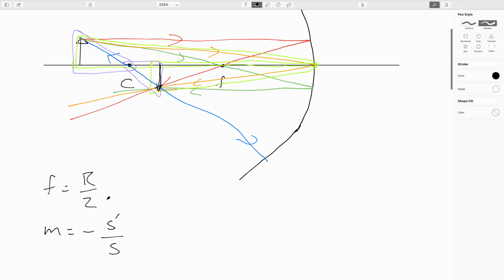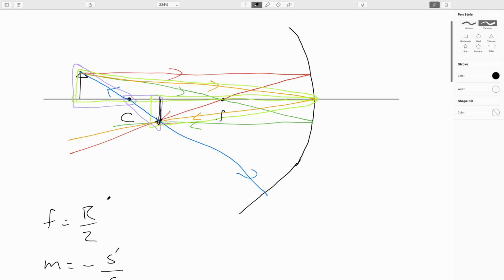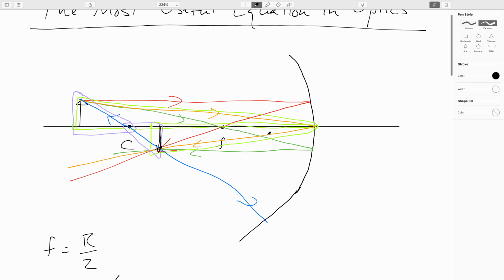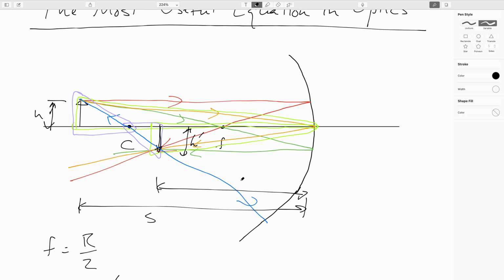Let me just dimension those in. This is my object height, h. That's my image height, h prime. This is my object distance, s. And this is my image distance, s prime.